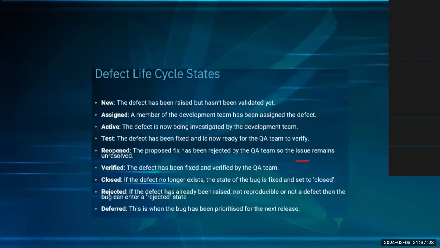Then in Agile, you assign it to a developer. So that's when you assign a member of the development team the defect. So you have to assign it. And another thing I must emphasize is you have to put a good title for the defect.